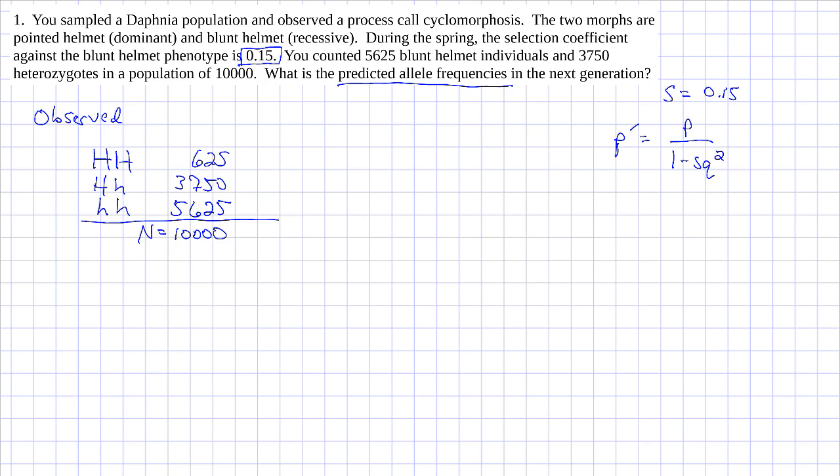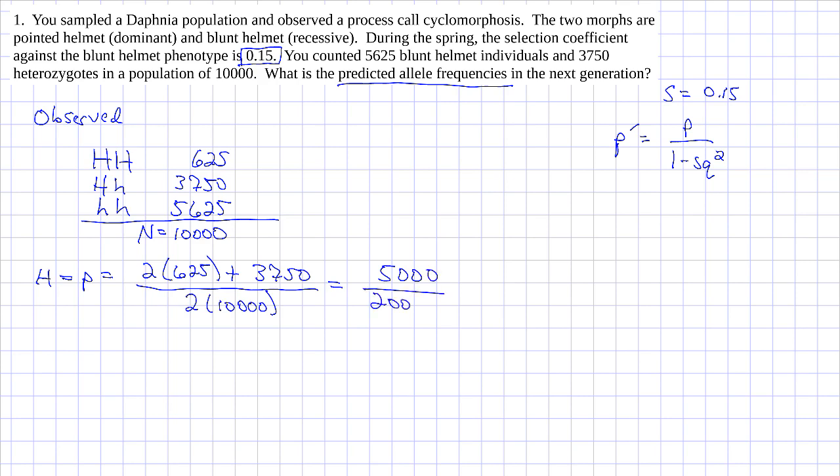So using this information, we can calculate our observed allele frequencies, big H, which is also equal to P. This is 2 times 625 plus 3,750 divided by 2 times 10,000. I have 5,000 in the numerator, 20,000 in the denominator for an allele frequency of 0.25.